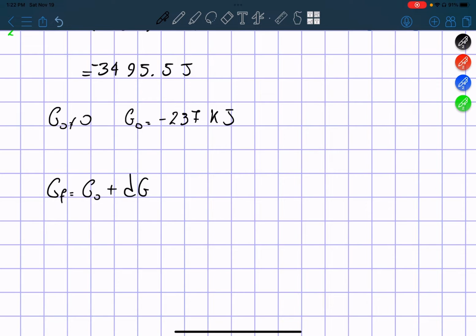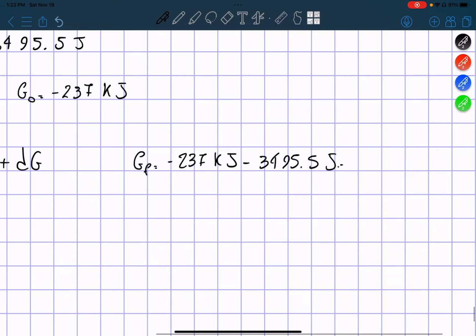Okay, so we would find that G final is equal to our G0, which is negative 237 kilojoules, and now we have plus, it becomes minus because this is a minus over here. So minus 3495.5 joules. So we have negative 237,000 minus 3495.5.